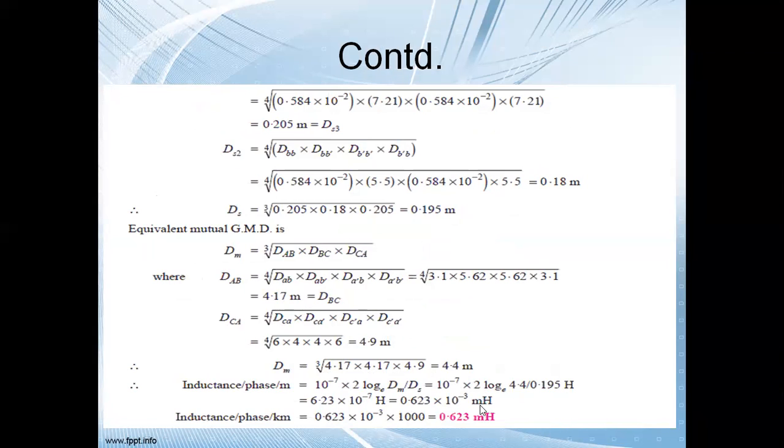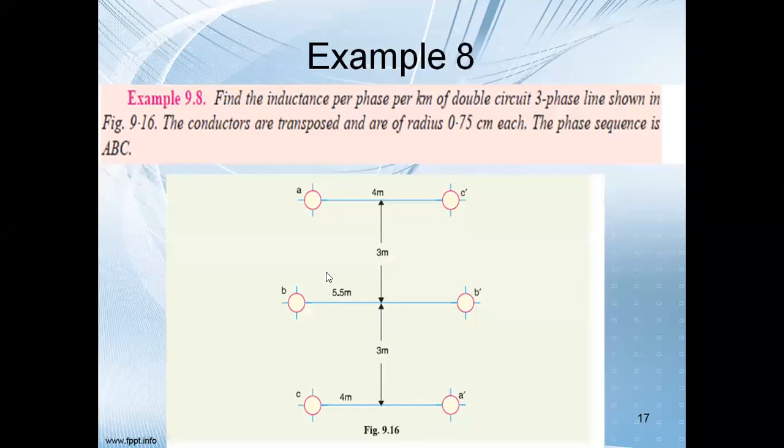Yes, very good question. See, here use this particular conductor, if you draw a perpendicular here, it will come here. Now what we are doing, these distances are from radius to radius. This 5.5 is from this radius to this radius. And this 4 meter is from this radius to this radius.